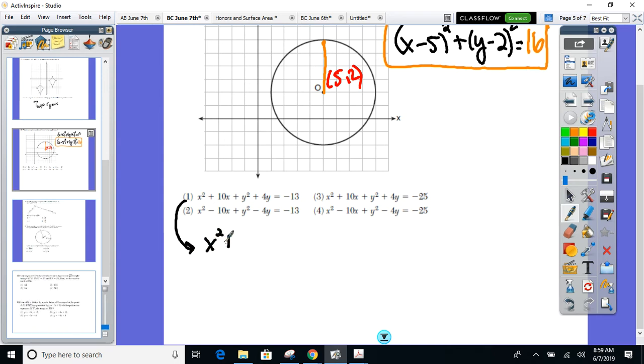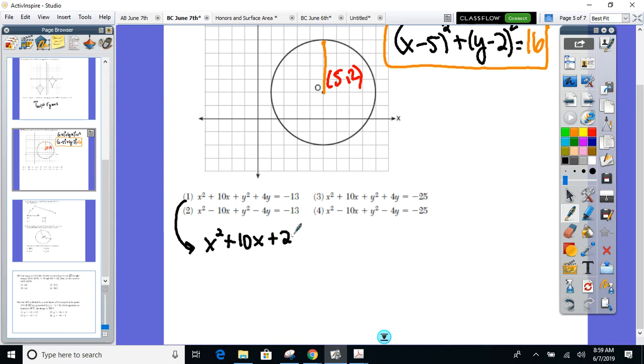x squared plus 10x. How do you find the number you're going to add to it? Half your b value. So take 10 divided by 2, square it. I'm going to end up getting 25.